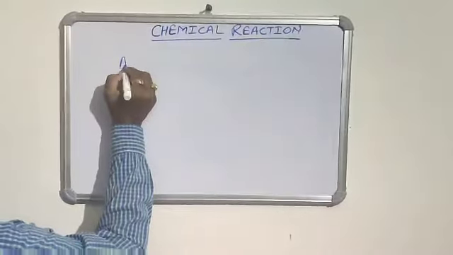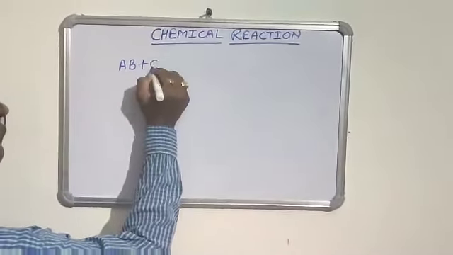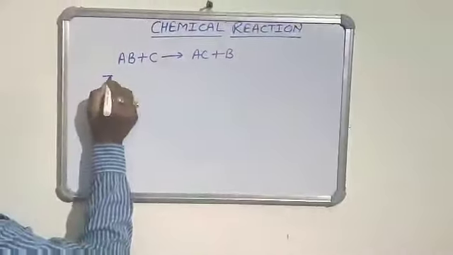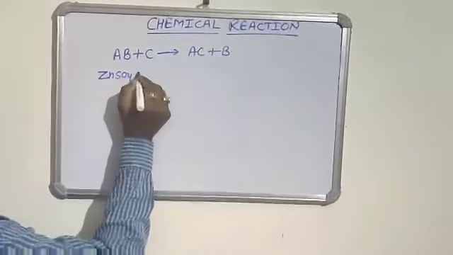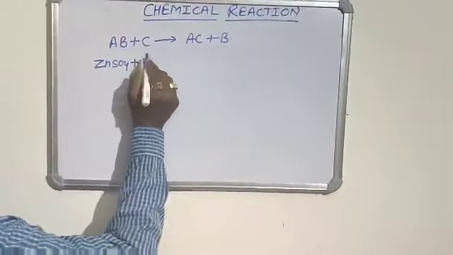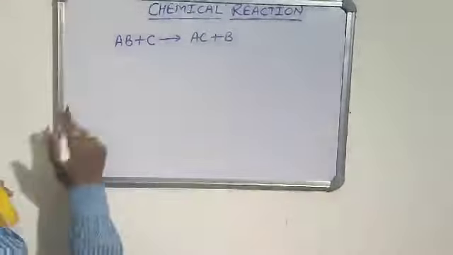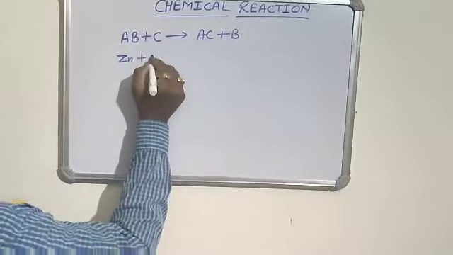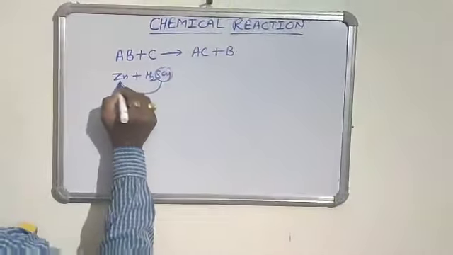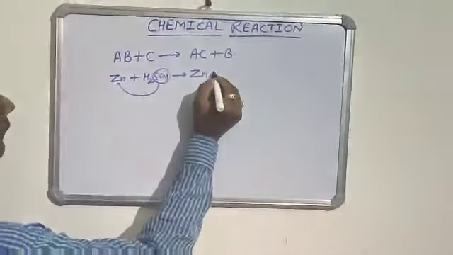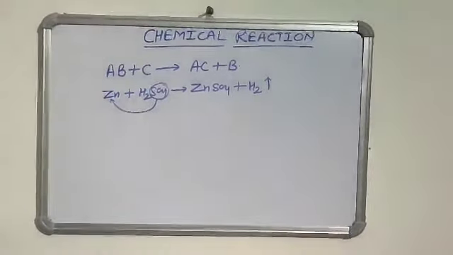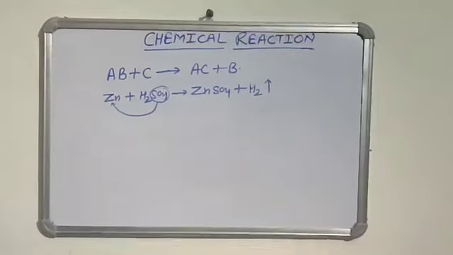The format of displacement reaction is AC plus B. Example, suppose zinc reacts with H2SO4, then it is converted into ZnSO4 plus H2. This is a good example of displacement reaction.